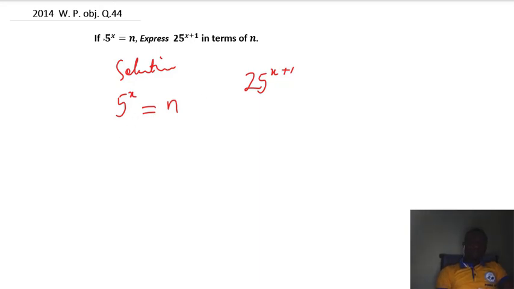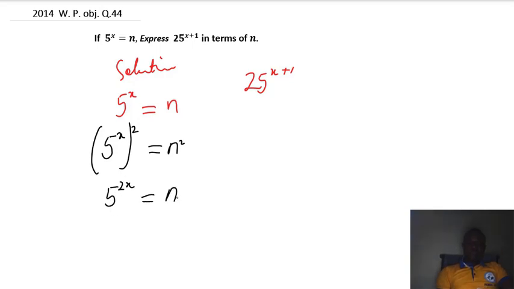So first of all, let's square both sides, because we are working towards 25 exponent x plus 1, and 5 squared will give us 25. So if we have 5 exponent x, then you square everything, so we have 5 exponent 2x.